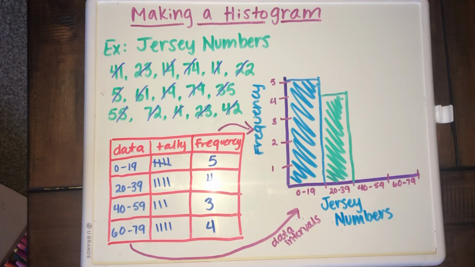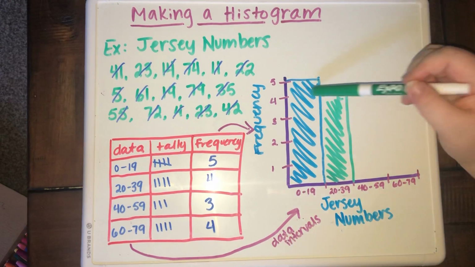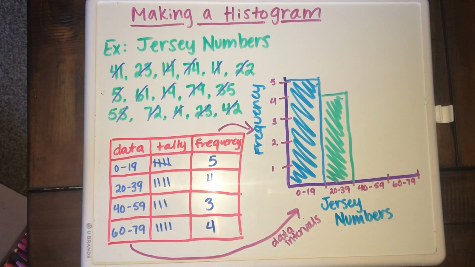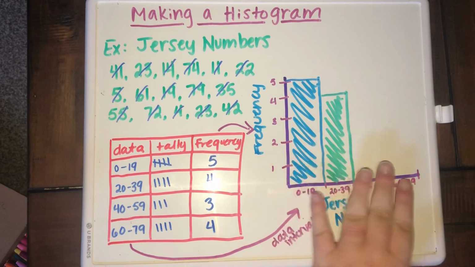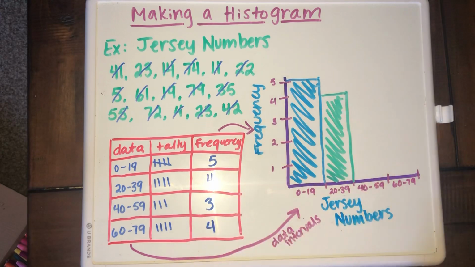I'm not perfect. So we went all the way up to 4 and then shaded it in. I'm using different colors just for you guys to be able to see the difference. It is not required that you use different colors, but it makes it easier for me to see and to explain to you what we're doing, because if it was all the same color, we would just be running all of this together.